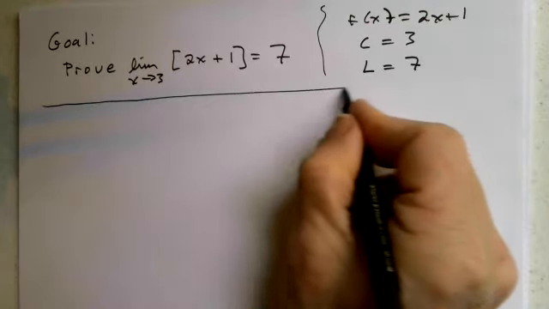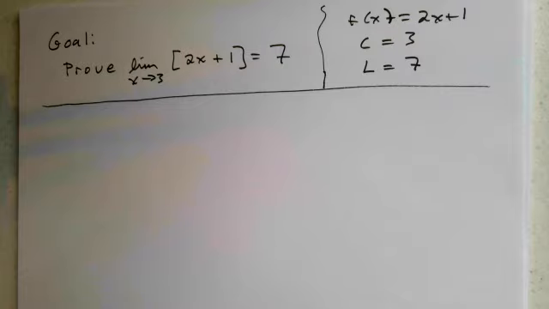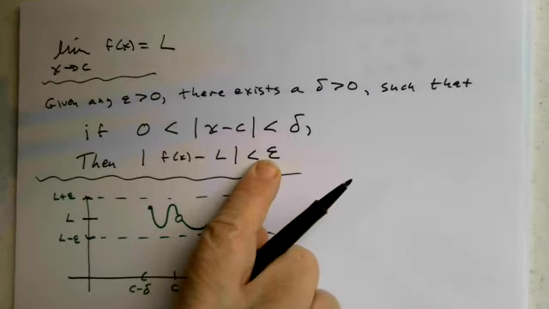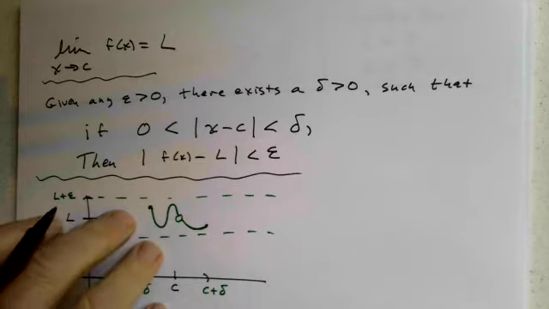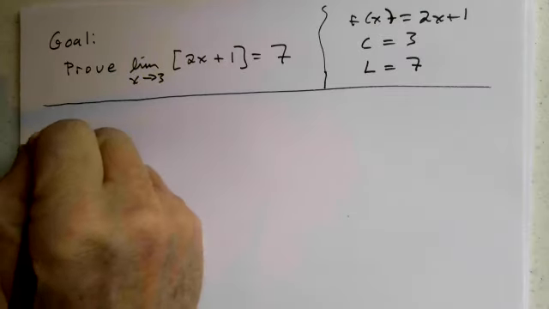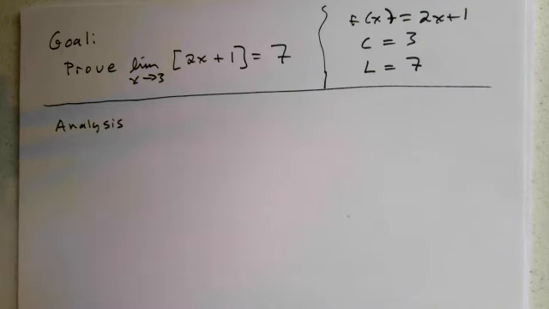Okay. How do I work through the process of building a proof? Again, I start with this part. I start with absolute f of x minus L is less than epsilon in something I call analysis. This is not the proof.